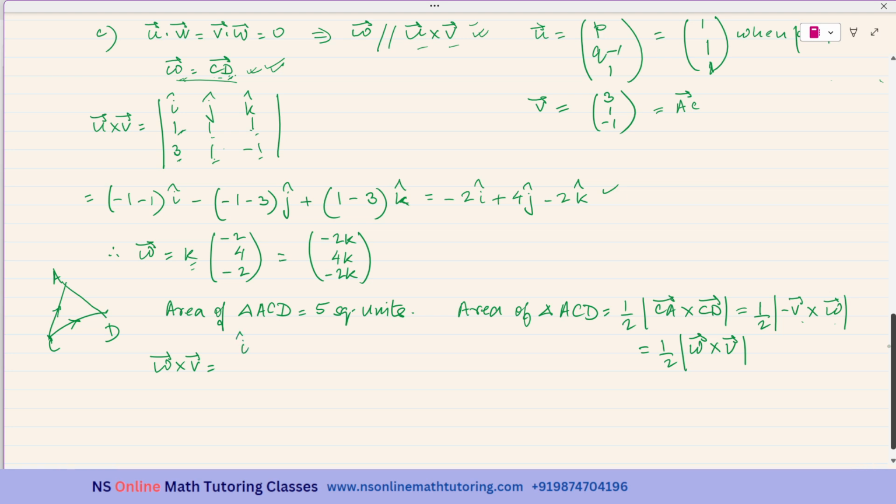W was equal to minus 2k, 4k, minus 2k, and V was equal to 3, 1, negative 1.